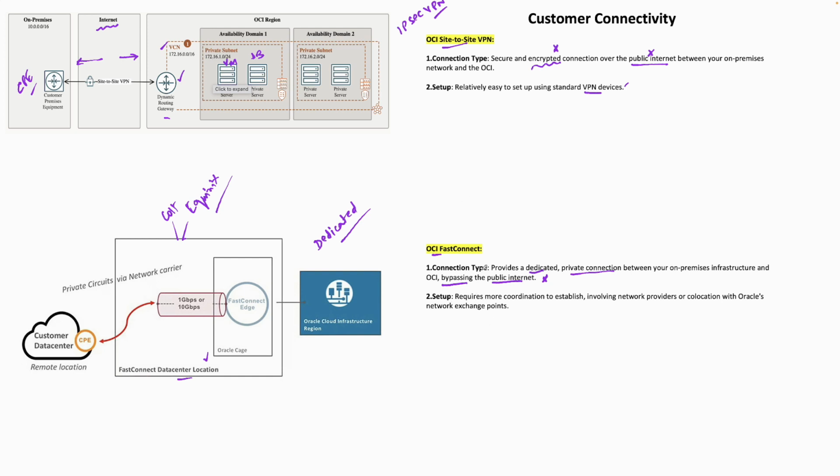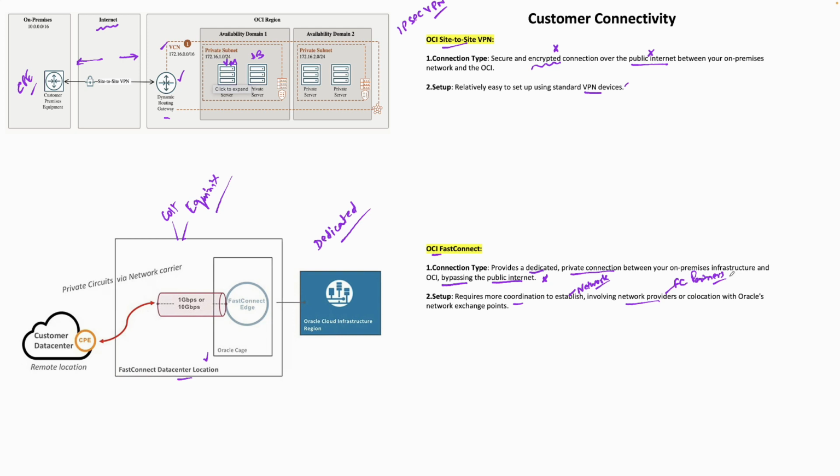The setup for OCI FastConnect needs more coordination. You need to coordinate with the network resources within your organization, and you also need to work with network providers, also called FastConnect partners, something like Colt and Equinix.